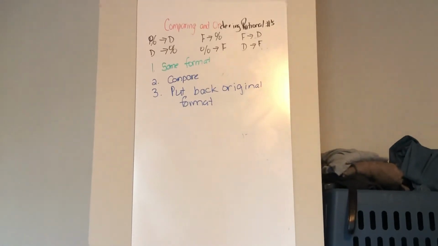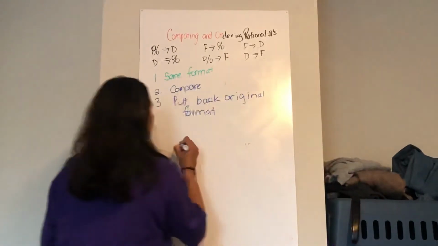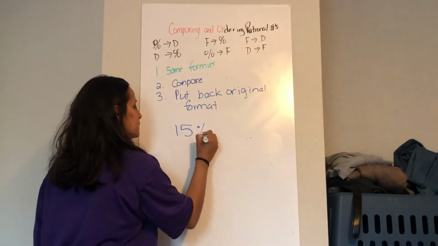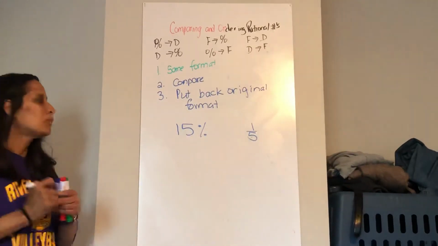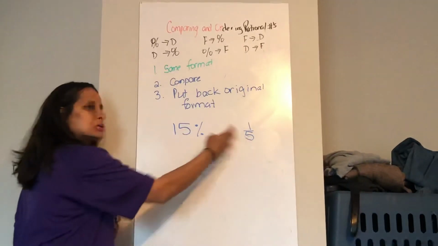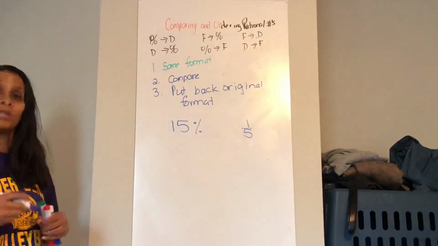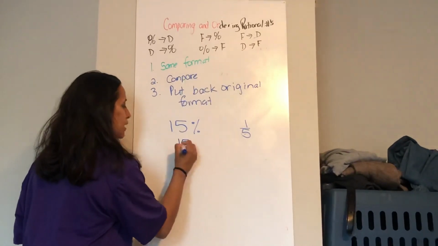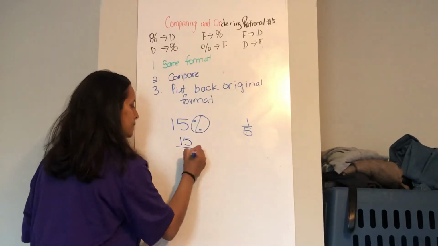Okay, so let's take a look at 15% and 1/5. Now, we're either going to change this to a percent or we're going to change this to a fraction. I'm going to do it both ways for you. This becomes 15 over 100, since that percent sign means 100.